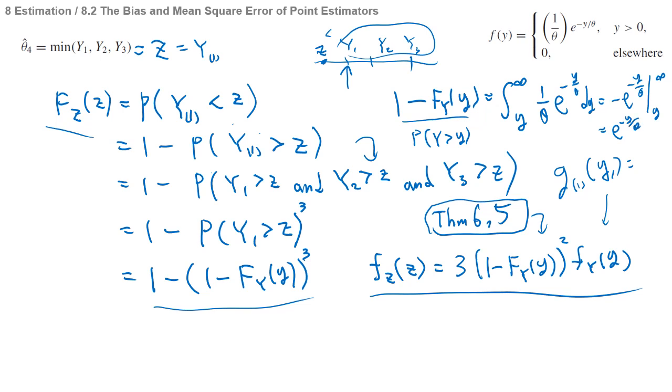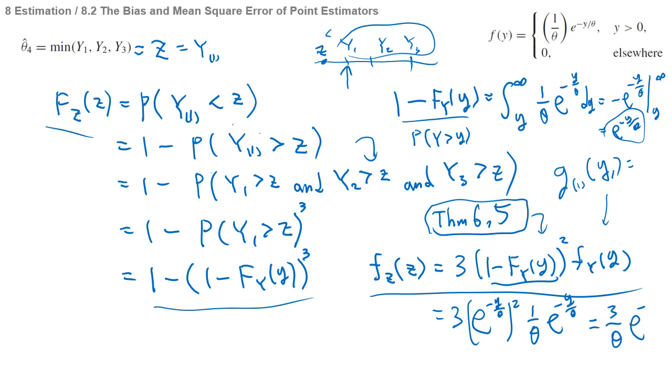So we can put this here, and so this is 3 times e to the minus y over theta to the second, times 1 over theta e to the minus y over theta. And so this is 3 over theta e to the minus 3y over theta.